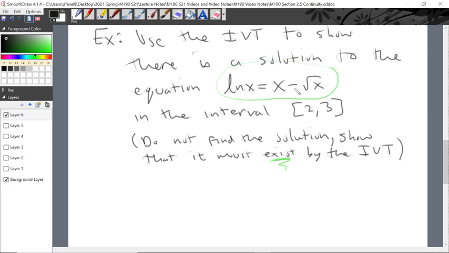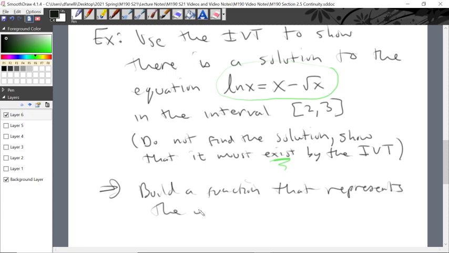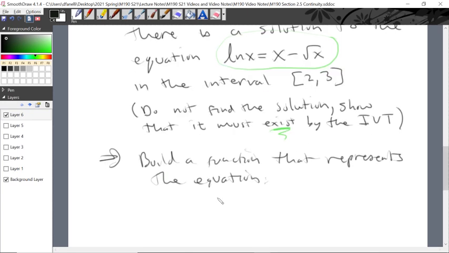Now, this equation is not already designed as a function. So the first step here is to build a function that represents the equation. One way we can do that is to set the equation equal to 0.